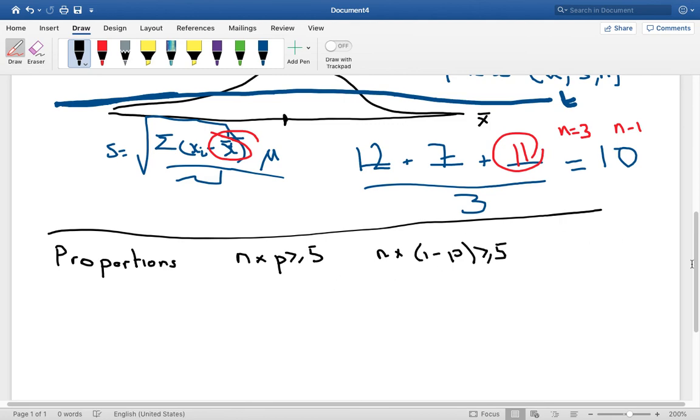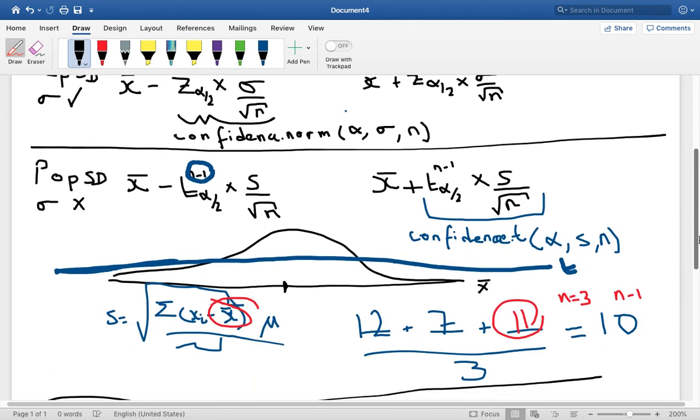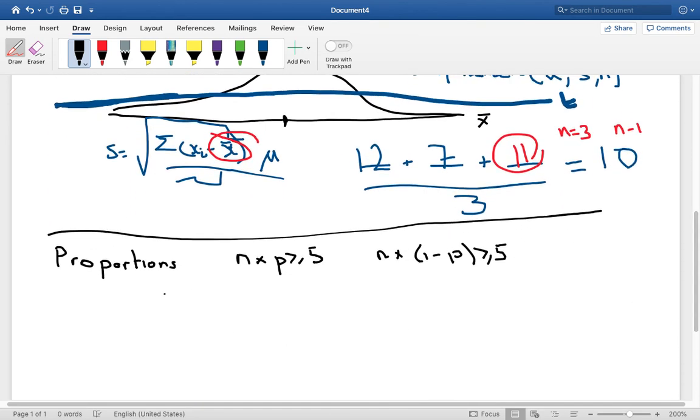Remember, for the confidence interval for proportions, we're still going to use the point estimate plus or minus the critical value times the standard error. So what is the point estimate for a proportion question? Well, the point estimate is just going to be p bar. And the margin of error is going to be the critical value times the standard error. What's the critical value going to be?